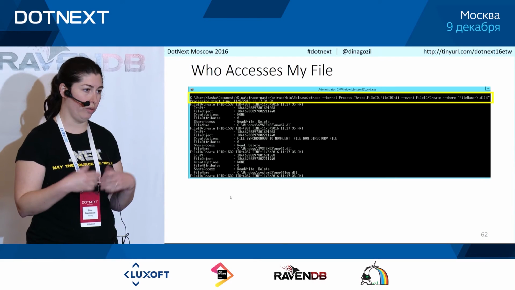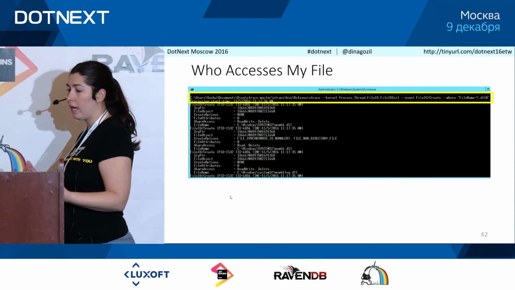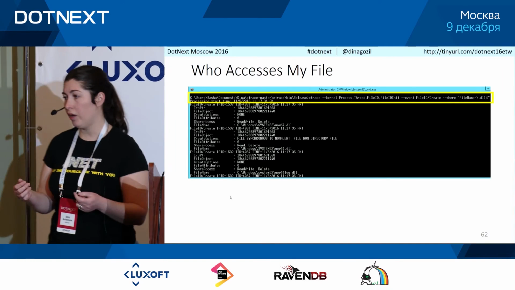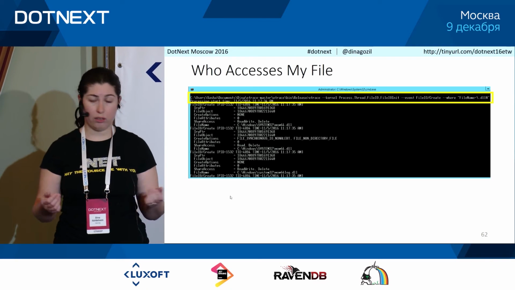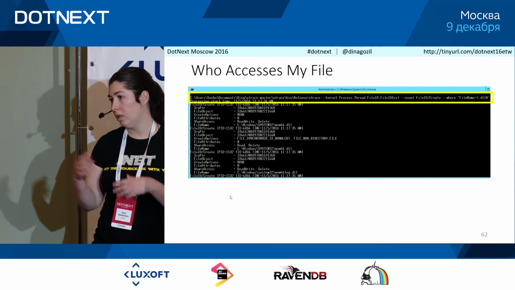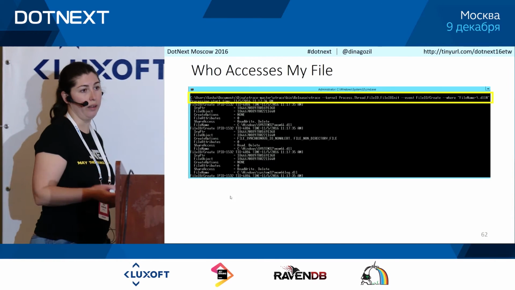Obviously, without symbols, you can't get the call stack information. What you can do is monitor the events themselves in real time, and if you absolutely need the call stack data, you could just collect the data into files, send it over to your development, and analyze it later.